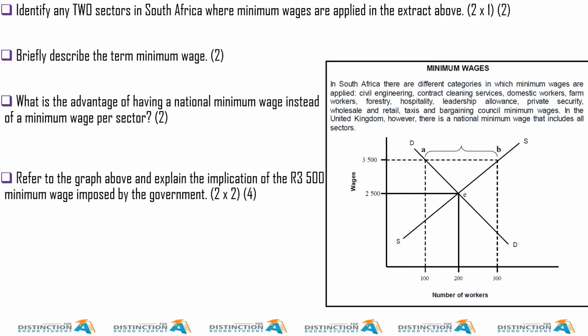All right, so let's study what we see here. Just like we did in lesson number 79, demand and supply, or the market, says the wage should be 2,500. Okay, and 200 units of labor are demanded and supplied at the same time.